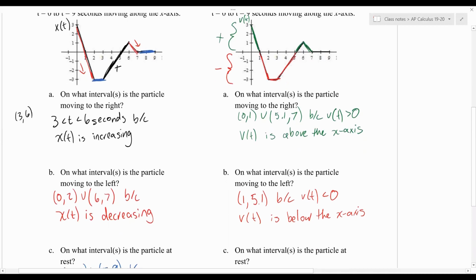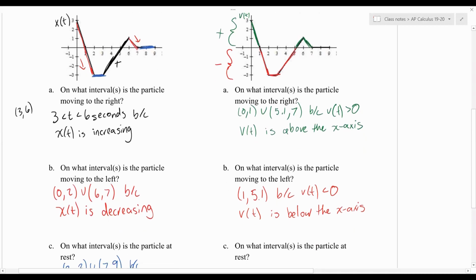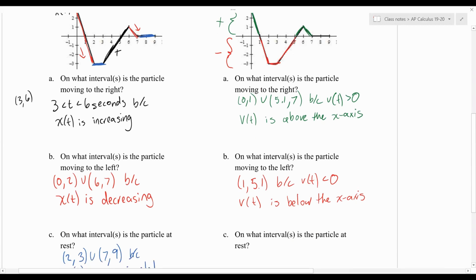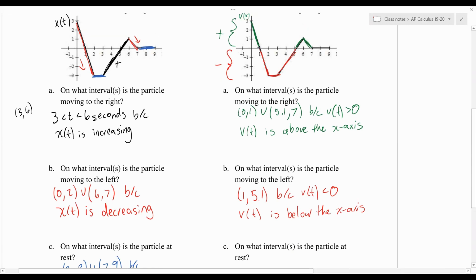Finally, to find when the particle is at rest, we need v of t equal to 0. So when is v of t equal to 0? When it is on the x-axis. So on the x-axis, we're looking for our roots. And here, it's completely on the x-axis.